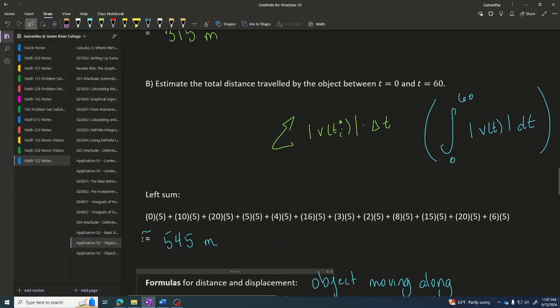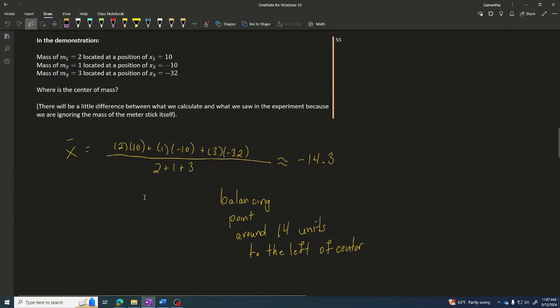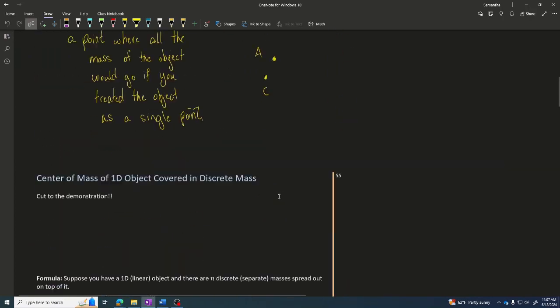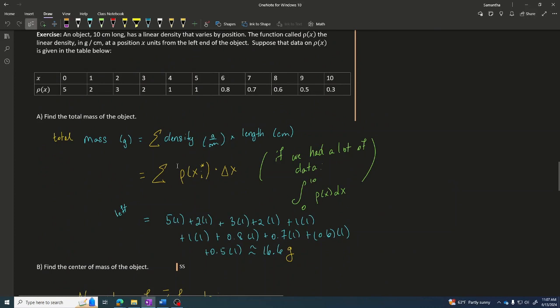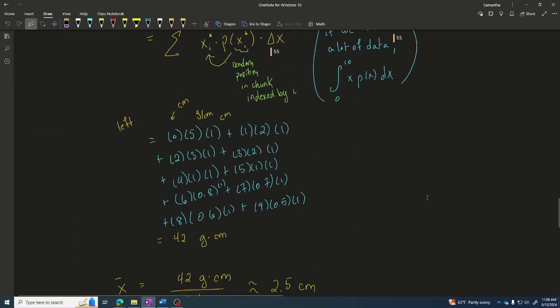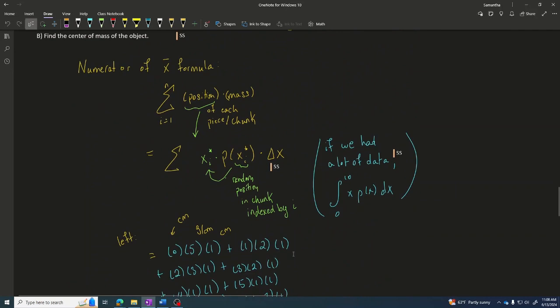Let's also roll back to when we did this for center of mass. When we did the center of mass calculation, we had the sum of rho of xi star times delta t. So chop, multiply, and add. Same thing was true down here when we did center of mass.